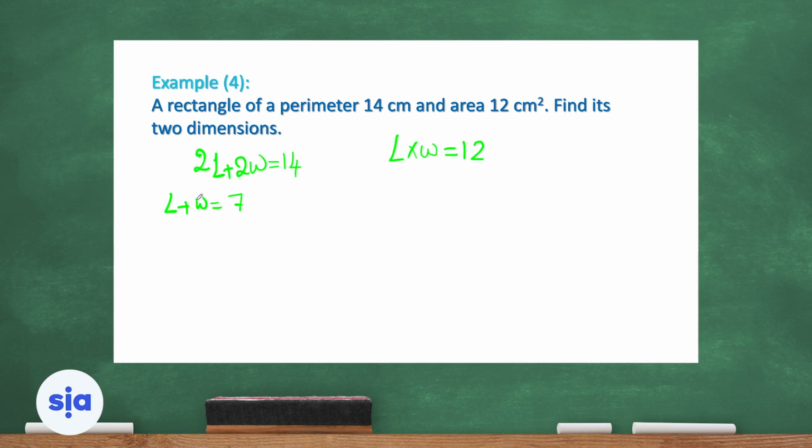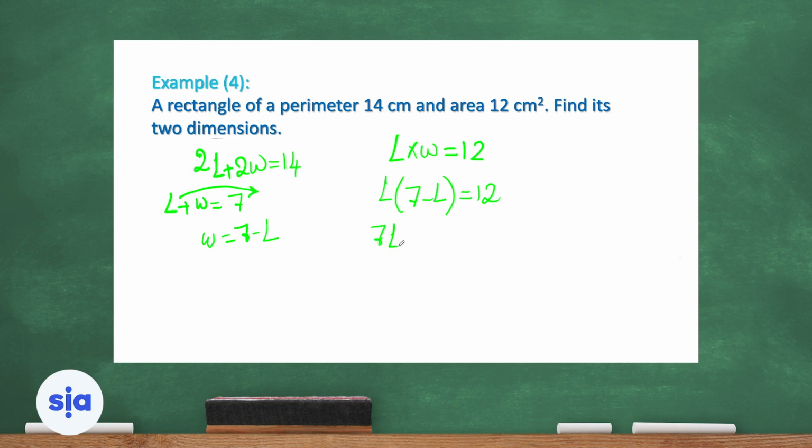So here we're going to change the W by moving the L here. So W equals 7 minus L. L times (7 minus L) equals 12.